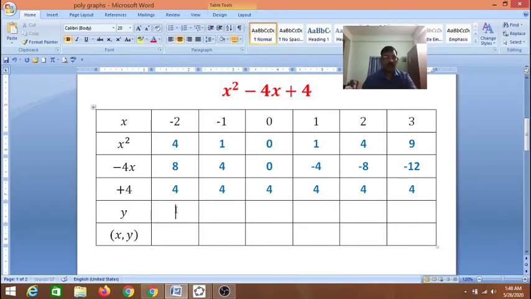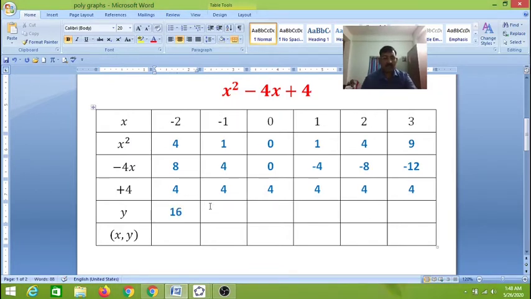Now 4 plus 8, 12 plus 4, 16, then 9, then 4, then 1, 0, and 1. Here we can observe that the smallest value is 0 only, so no need of any negative values on the y-axis, right?